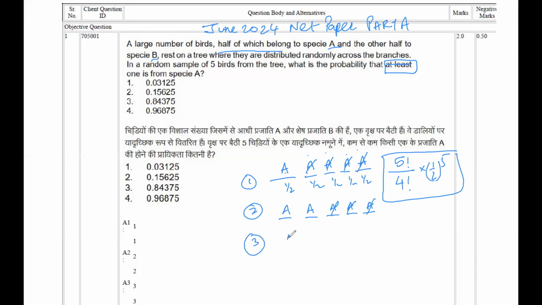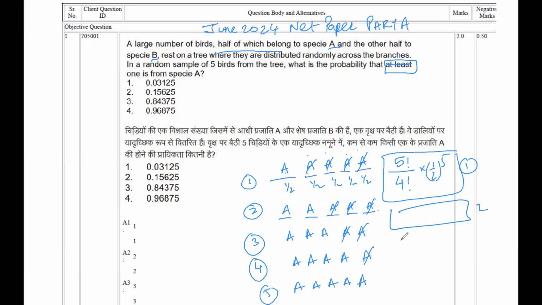And then I would consider 3 like that. And then 4 and 1 not. And then 5 where all of them are from species A. But then a better way to solve this question, because probability of this is also, first one is this, then there'll be a second one, and then third one, and then fourth one, and then fifth one, and then we have to add them all up. And that would be my answer.